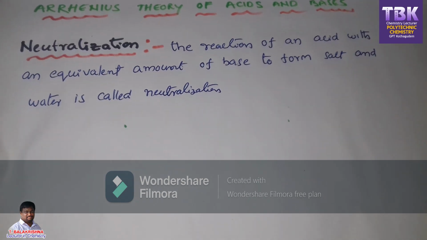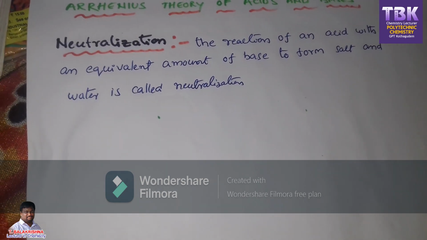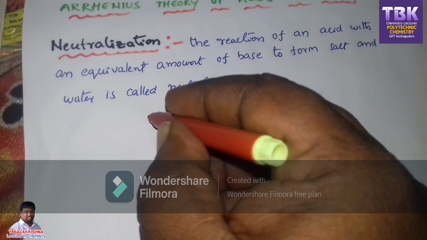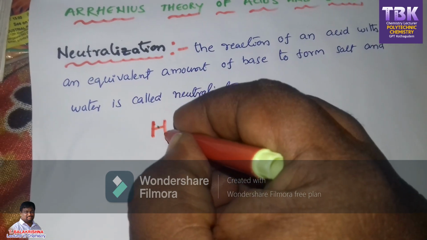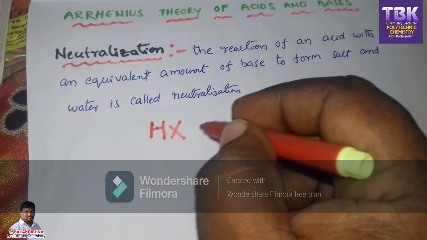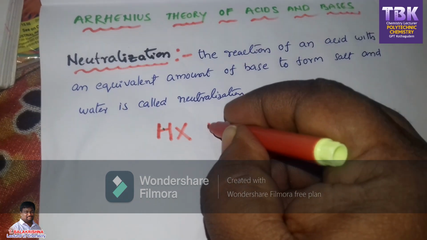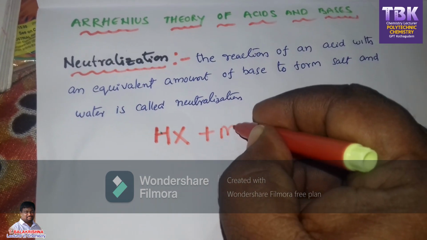We already learned in the previous part that the general formula of the acid is HX and the general formula of the base is MOH.